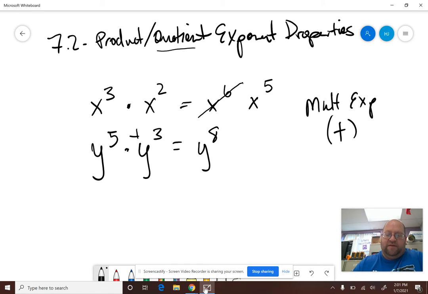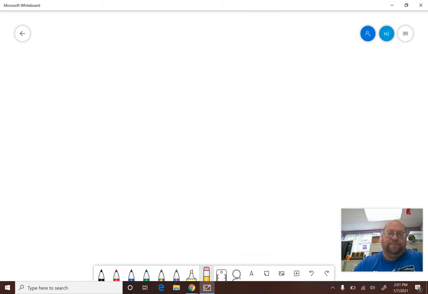So now let's go ahead and try some division. If we had x to the 6th, and we were dividing that by x to the 3rd, let's think about what we're really saying when we say x to the 6th.